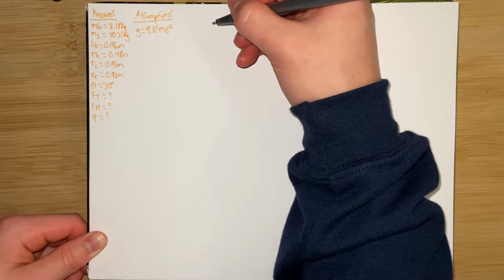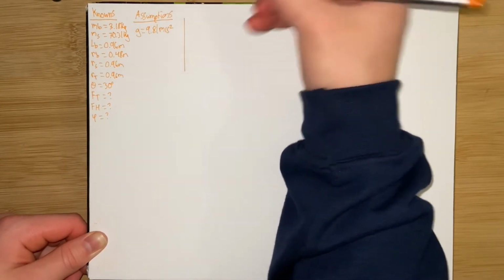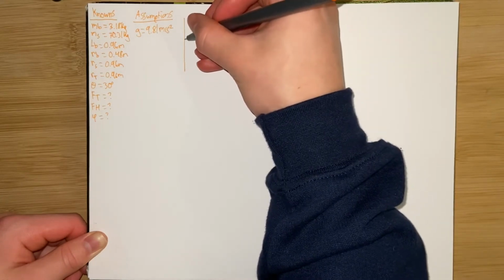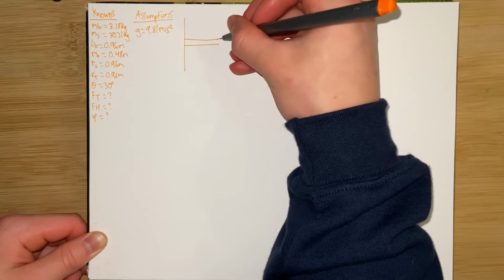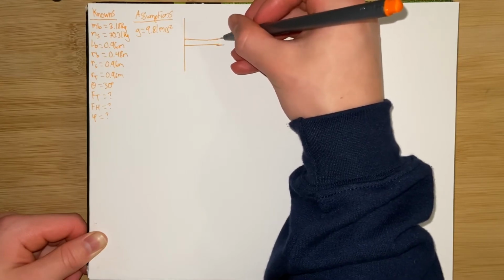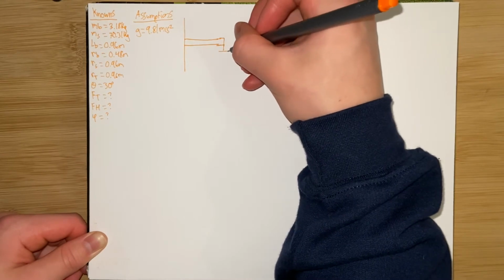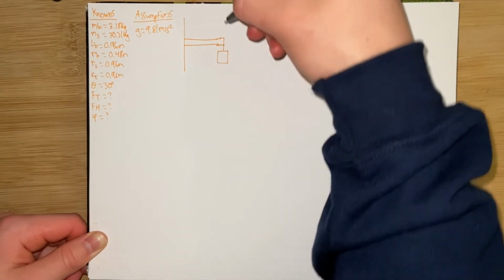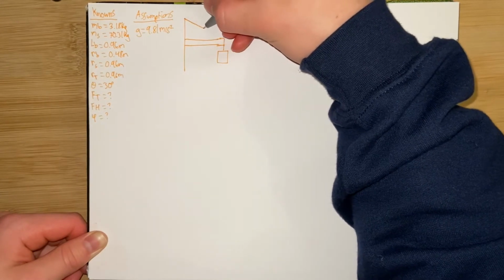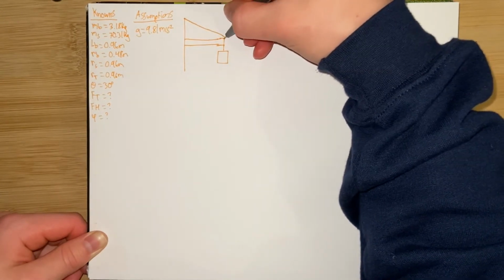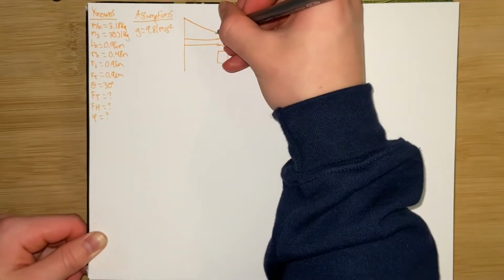Now on to the free body diagram. So we're going to have a post, a beam, a sign hanging off of that beam, and then in this case we had a rope stretching all the way down to the end of the beam there.